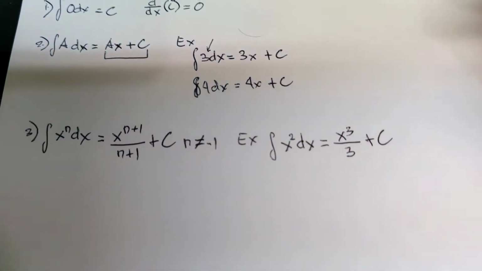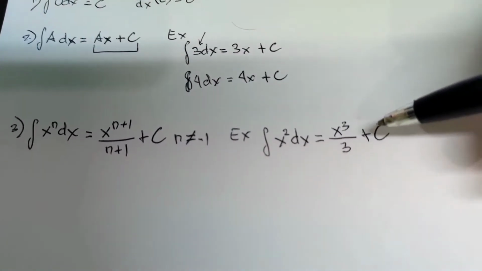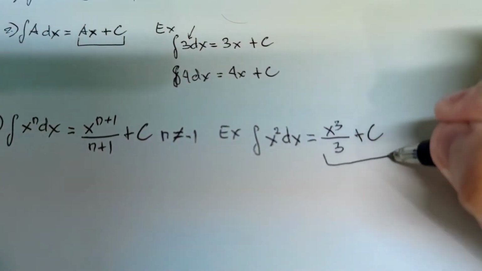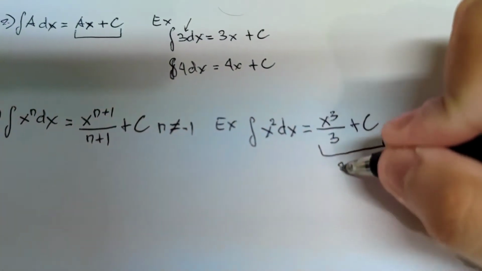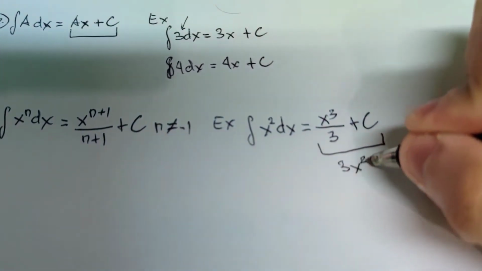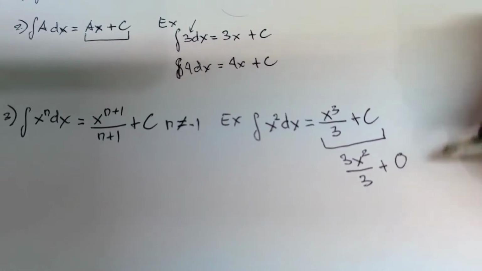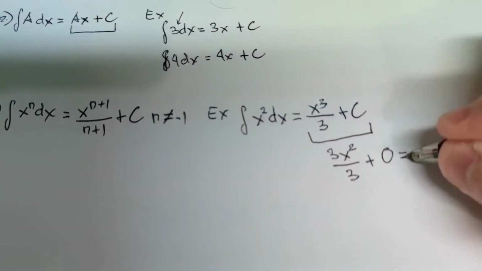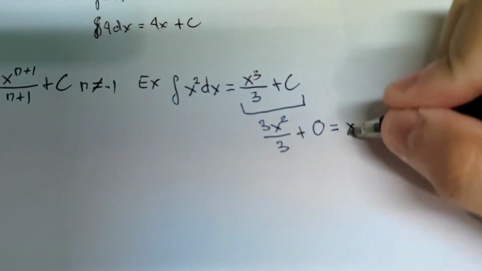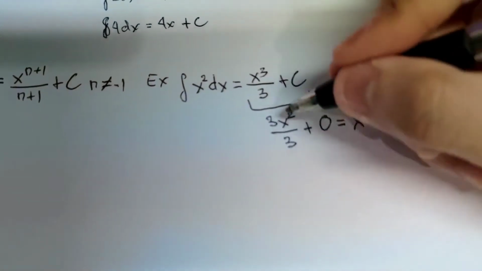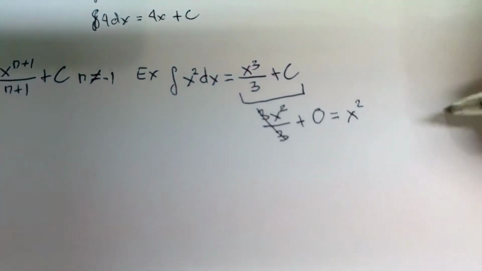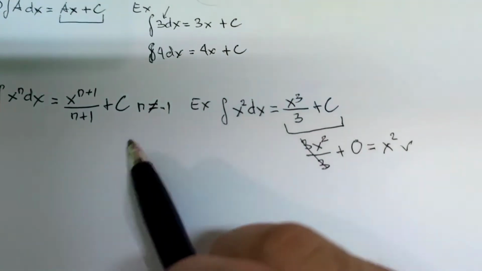We can check if this answer is correct. If we take the derivative of this one, we get 3x squared over 3 plus 0, because the derivative of c is 0. So we'll just have x squared. So let's check from here.